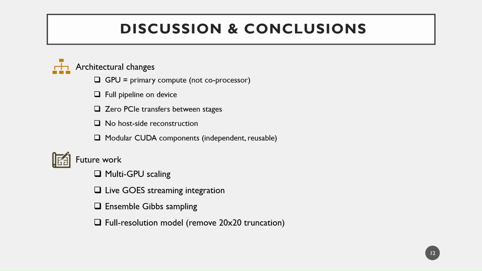The broader vision is a system where within seconds of satellite overpass, land managers, air quality agencies, and emergency responders have a physically grounded, uncertainty-aware aerosol forecast in hand.